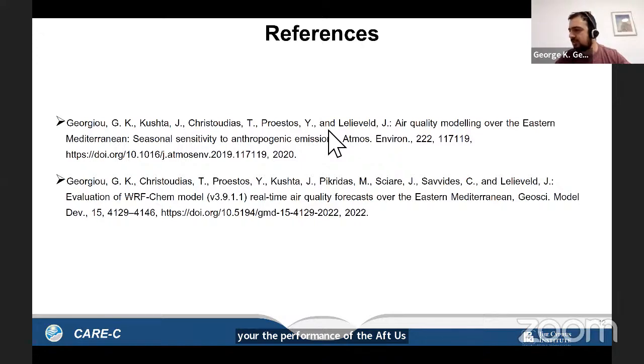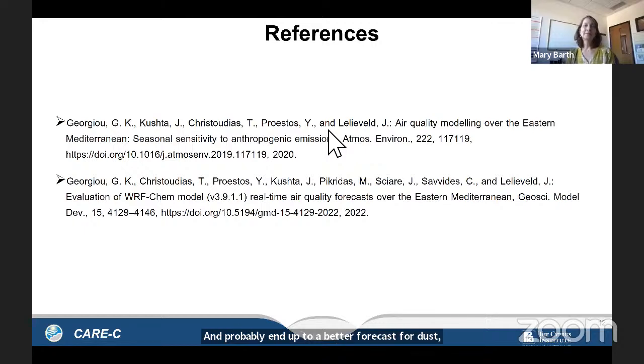There are also some papers out with modified dust factors for GOCART, and we also want to try all of these to see which one performs better, and probably end up with a better forecast for dust, because this is a really important issue in our region. Yeah, definitely.